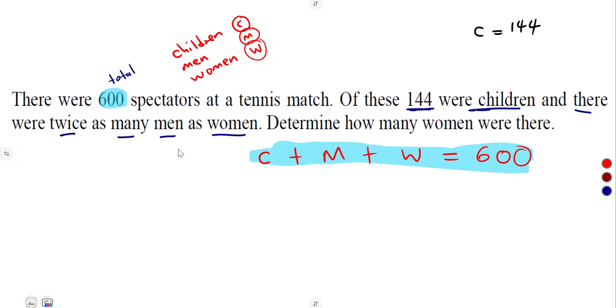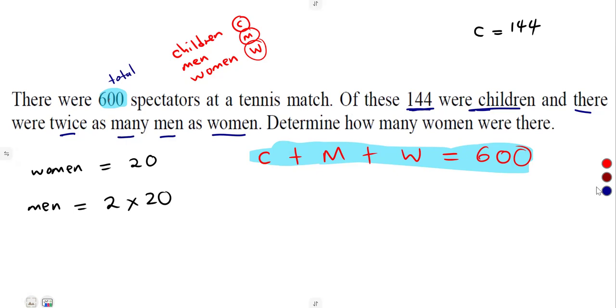There were twice. Meaning to say, if we have, for women, let's say there were 20. They are saying there were twice as many men. Twice is on the men. Twice means 2 times what you are given.